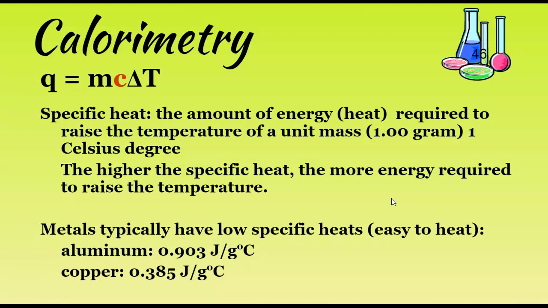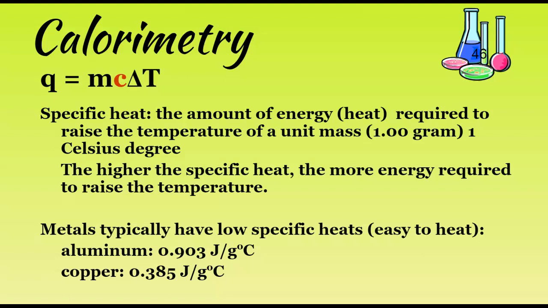So what the heck is specific heat? The c thing. Okay, so specific heat is the amount of energy required to raise the temperature of a unit mass, 1 gram, 1 degree Celsius. It's how much it takes to change 1 gram, 1 degree. The higher the specific heat, the more energy required to raise the temperature.